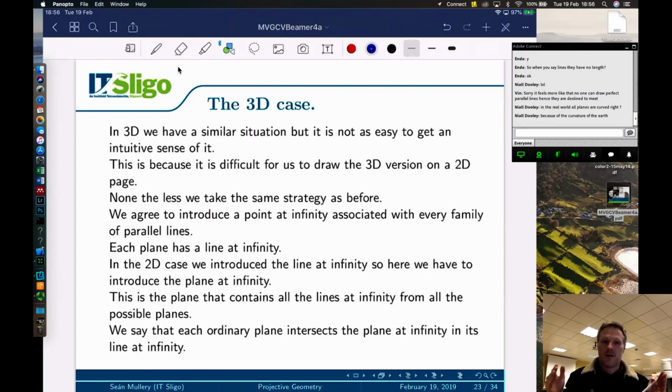So individual parallel lines will meet at a point. A full plane will meet that infinite plane in a line, and therefore that's why we call it the plane at infinity. So we say that each ordinary plane intersects the plane at infinity in its line at infinity, which, as I said, would be a different one maybe from a vertical line versus a horizontal line.